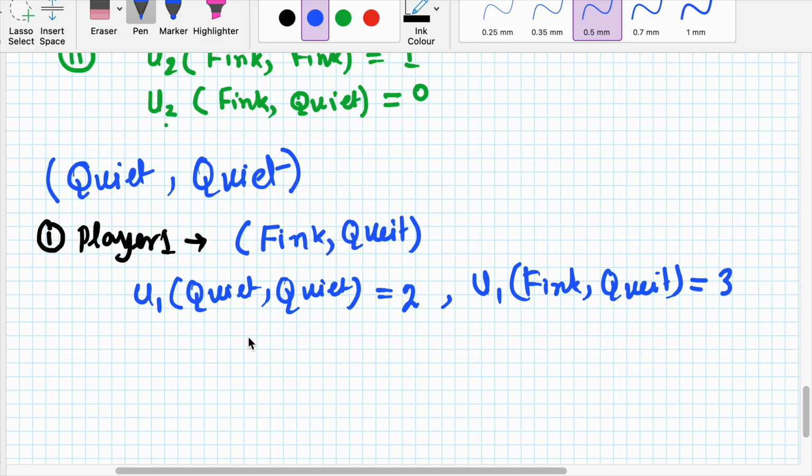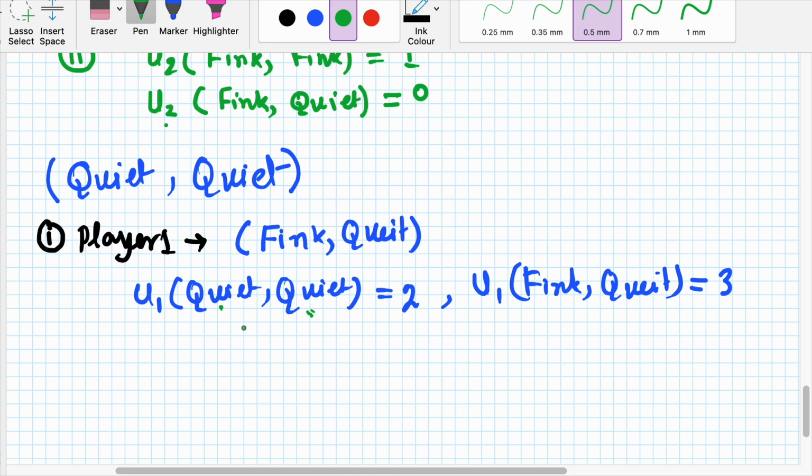So here you can see, obviously for player 1 there is enough incentive to change her strategy from quiet to become fink, or to free ride over the individuals who remain quiet. That means there is an option to maximize her payoff.